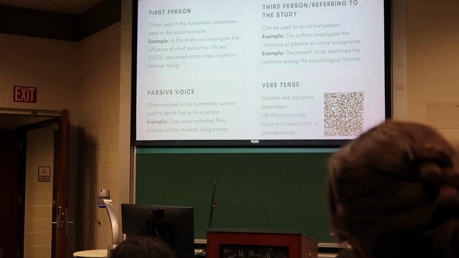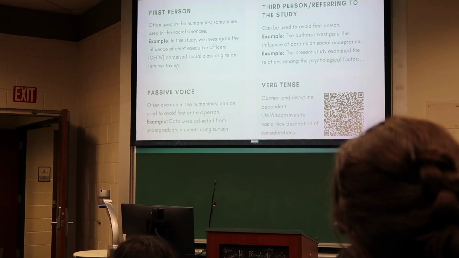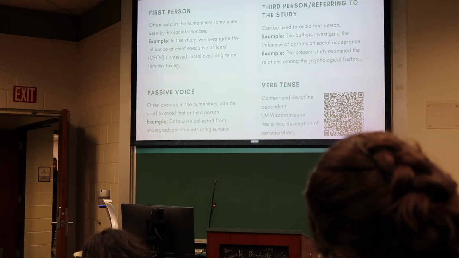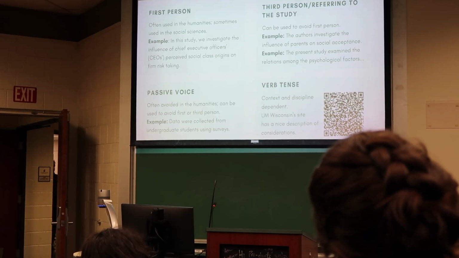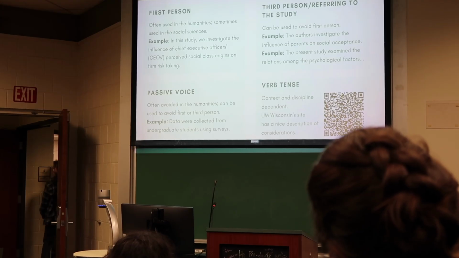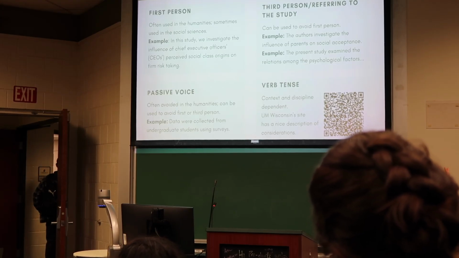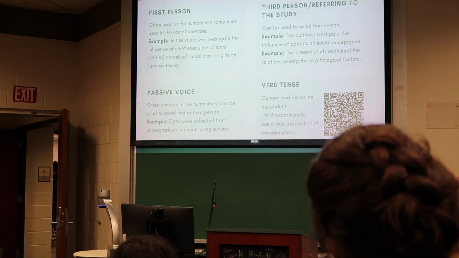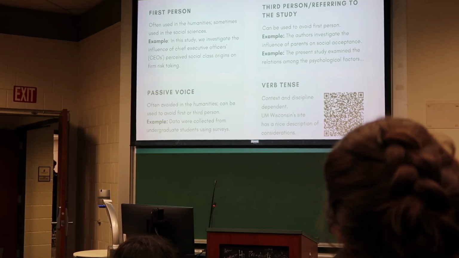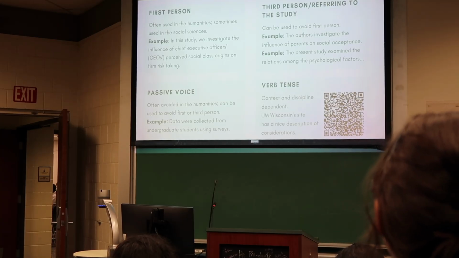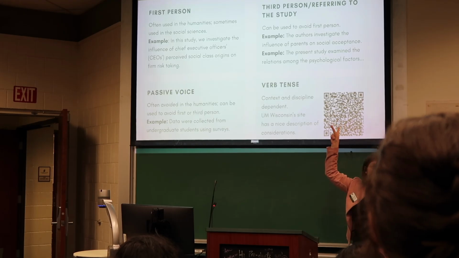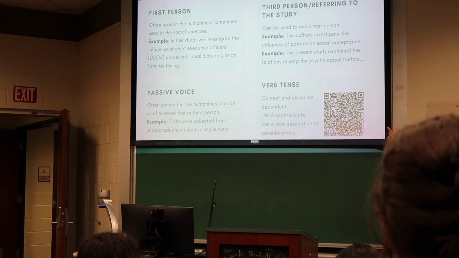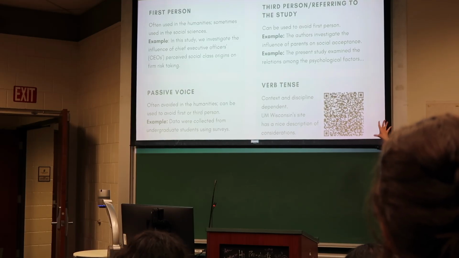So for example, the authors investigate the influence of parents on social acceptance, or the present study examined the relations among the psychological factors. So these are two ways to keep the voice active. You still have action verbs, like examined and investigate, but you don't have I or we. Now that is also sometimes prohibited in some STEM fields, like in engineering. Often the use of that is also prohibited.